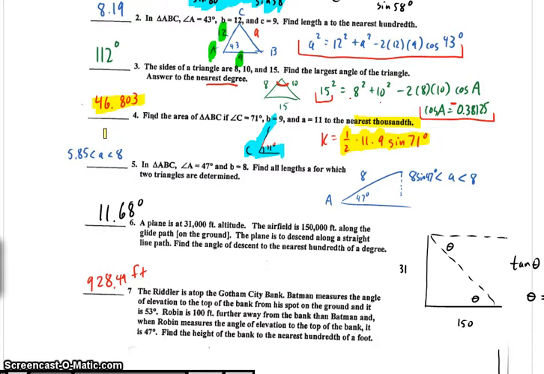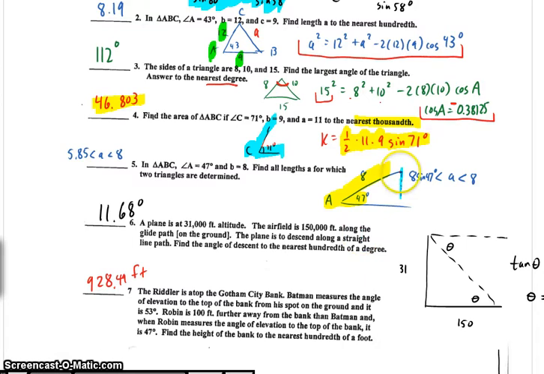Number 5 is about the ambiguous case for the law of sines. So I drew a picture of what we have. We're given that angle A is 47 degrees, and we're given that B is 8. We're looking at what side A could be so that there are different triangles that could be determined.